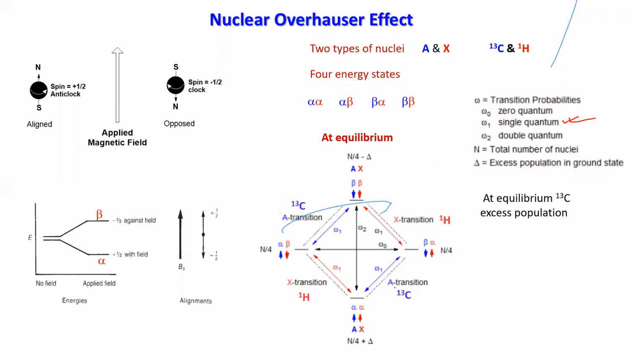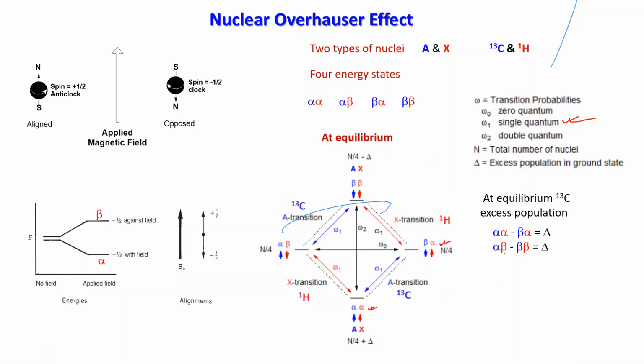So these two side transitions are responsible for 13C transition. Now if I look at the excess population, what I have to do is consider the alpha alpha and the differences between this and this. So what will be the situation?